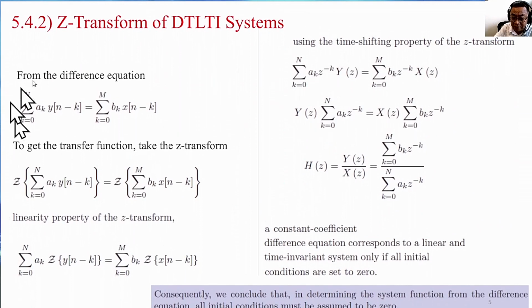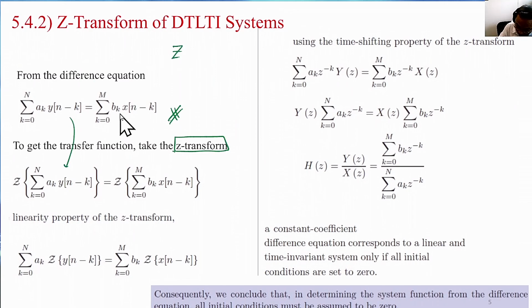Here you can see that this is the original difference equation we have, which is relating the y's with the x. We're going to take the z transform of both sides, and what you remember is that the z transform of y of n is Y of z.